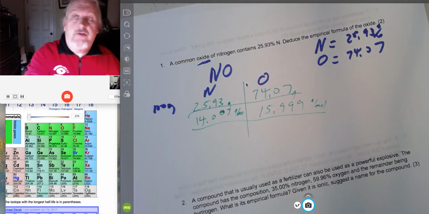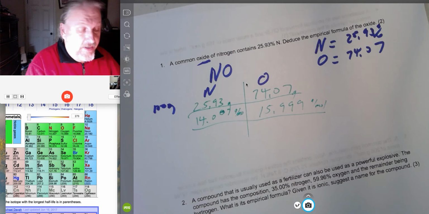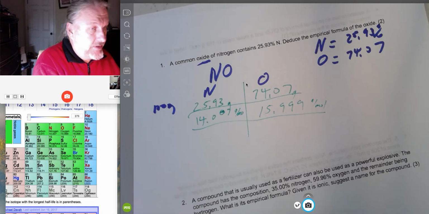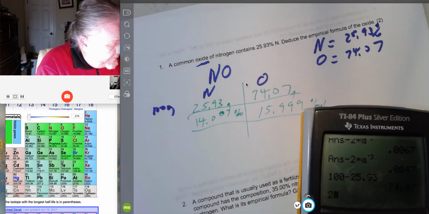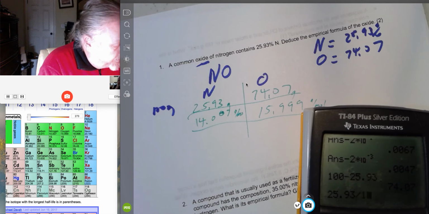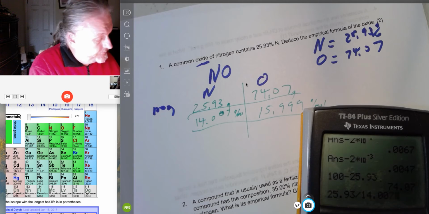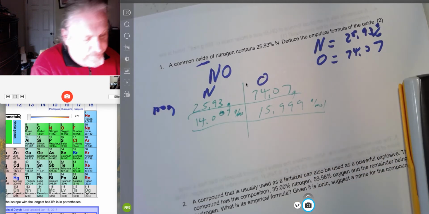So what I need to do now is take the grams and divide by the molar mass. 25.93 divided by 14.007 is going to give me 1.8512.